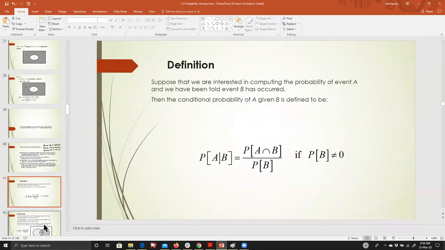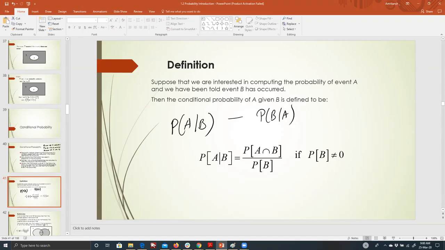Suppose that we are interested in computing the probability of event A and we have been told event B has occurred. The conditional probability is written as, and the way you pronounce it is, probability of A given B. What it means is calculate the probability of A given B has already occurred. If it is written the other way, then it means probability of B given A has already occurred.